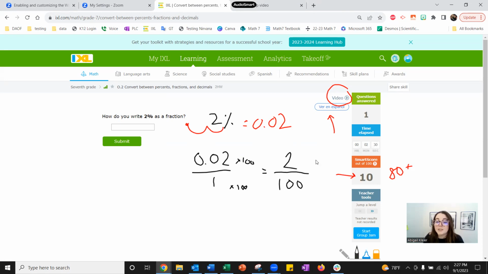This is a perfectly fine answer, or I can simplify. I could divide top and bottom by 2, and this would also be 1/50. Either answer is okay, but I'm going to go ahead and put in my original answer, 2/100.